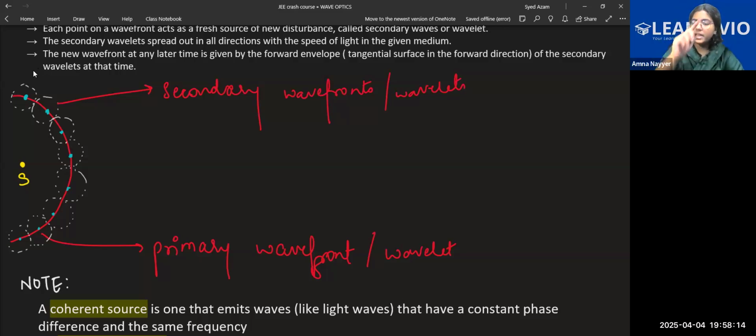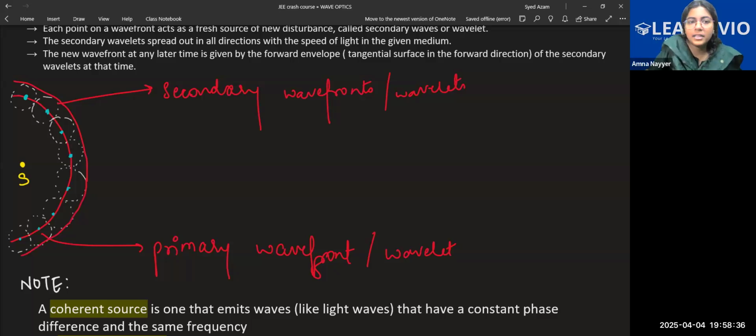Just join their tangential surface. That forward envelope which you can see of every source, all the forward envelopes, just join them with a straight line, tangential to this, tangential to this, like this. See, the wave has actually propagated.